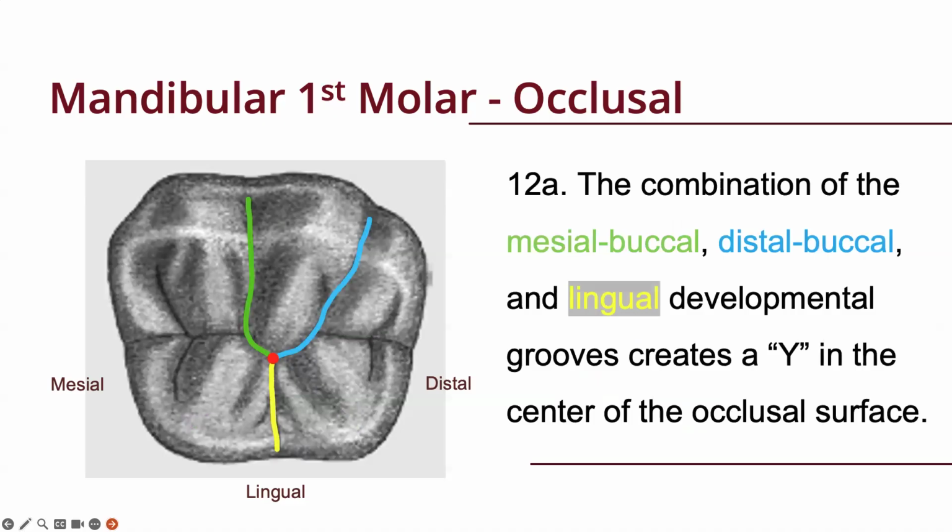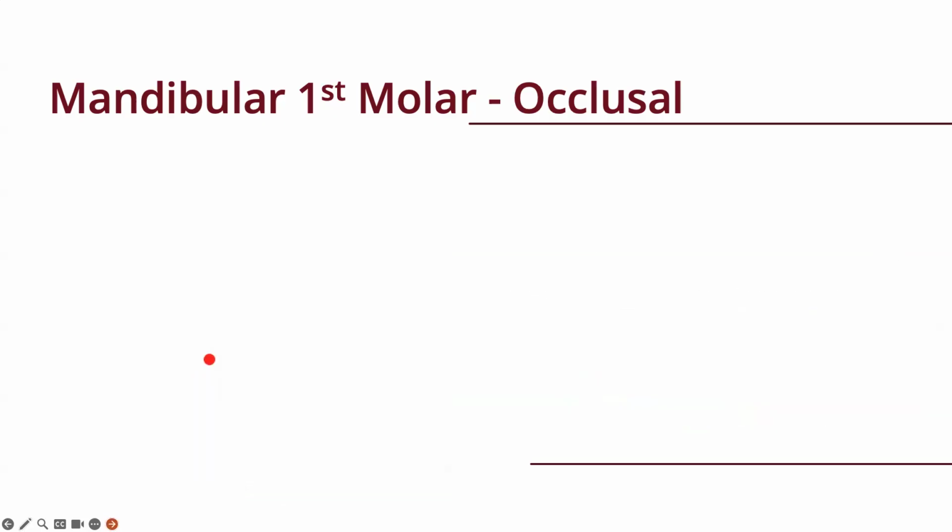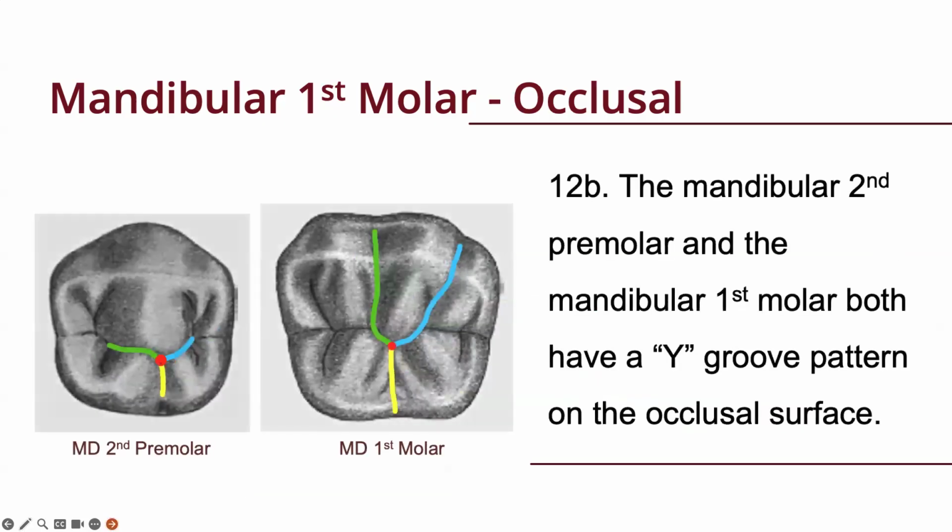The combination of the mesial buccal, distal buccal, and lingual developmental grooves creates a Y in the center of the occlusal surface. The mandibular second premolar and the mandibular first molar both have this Y groove pattern on the occlusal surface.